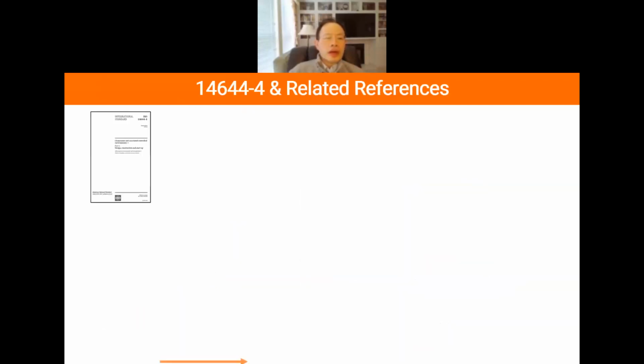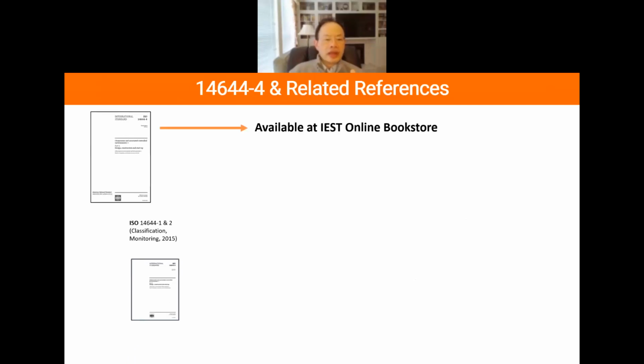Also, I believe the ISPE online bookstore has the new standard available, and I believe the ISO website also has this standard available for purchase. In addition to the standard itself, the standard lists many references. One is, of course, -1 and -2, which were published a few years ago.